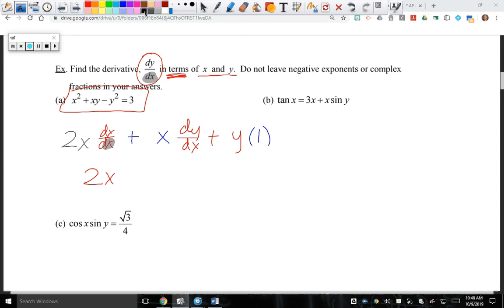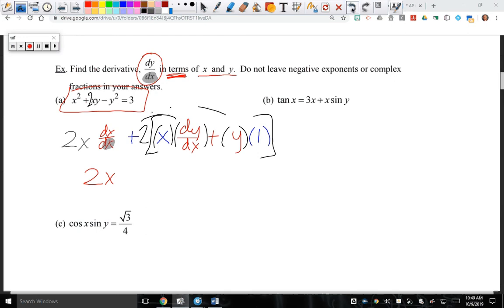Now, right now, that is the derivative, but I think it's missing one parenthesis. Do you agree? I think it should be this, because what if you had a 2 here? You would have to distribute the 2 on both.